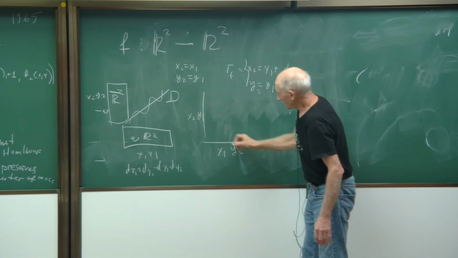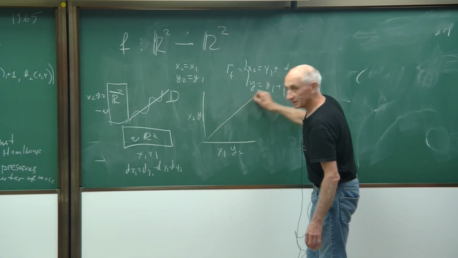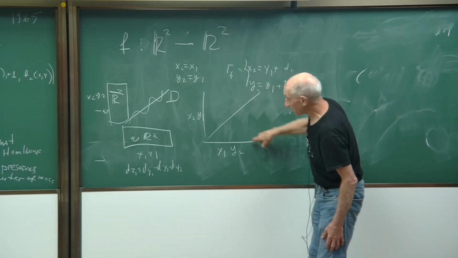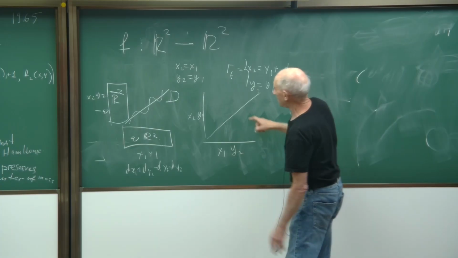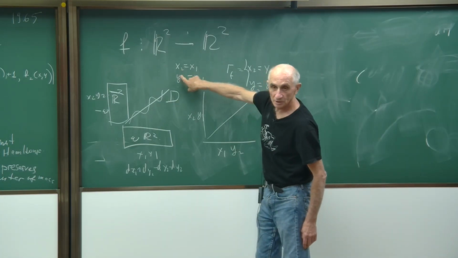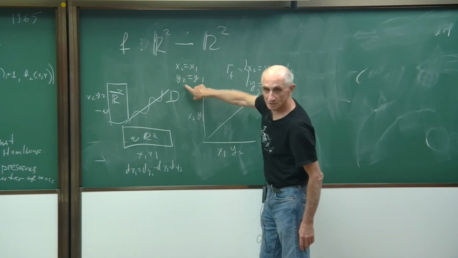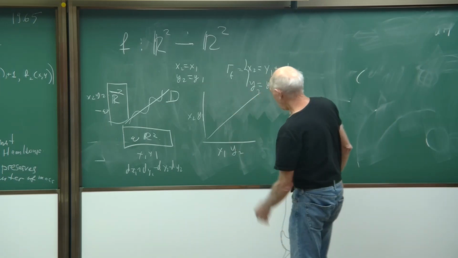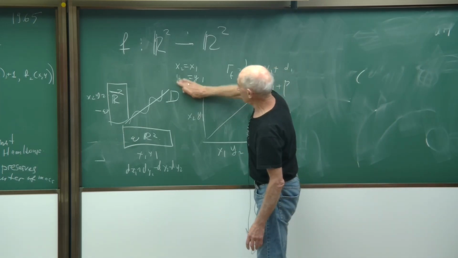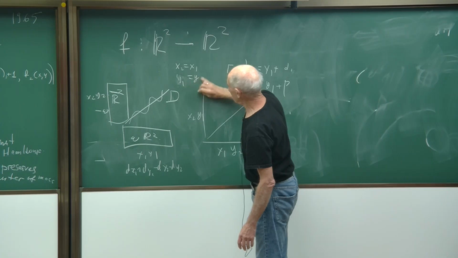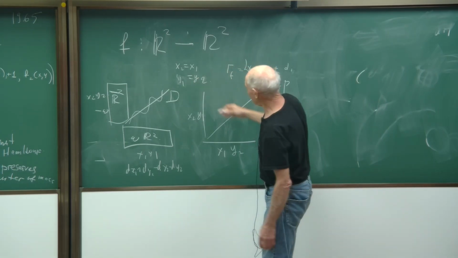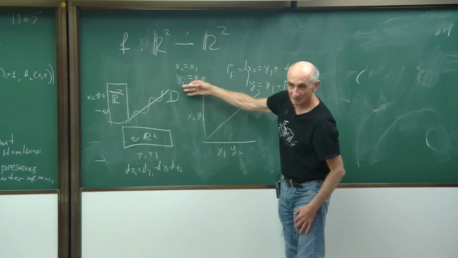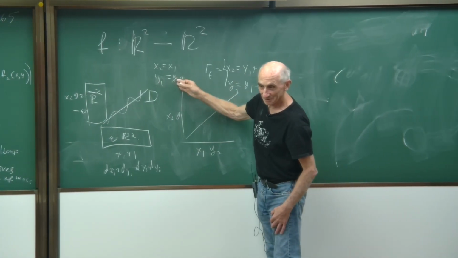Notice the diagonal is a graph in these coordinates. Because what is the diagonal? The diagonal is x2 equals x1, y2 equals y1. Instead of this, I can write y1 equals y2. It's the same thing. Therefore, it's a graph of this map.